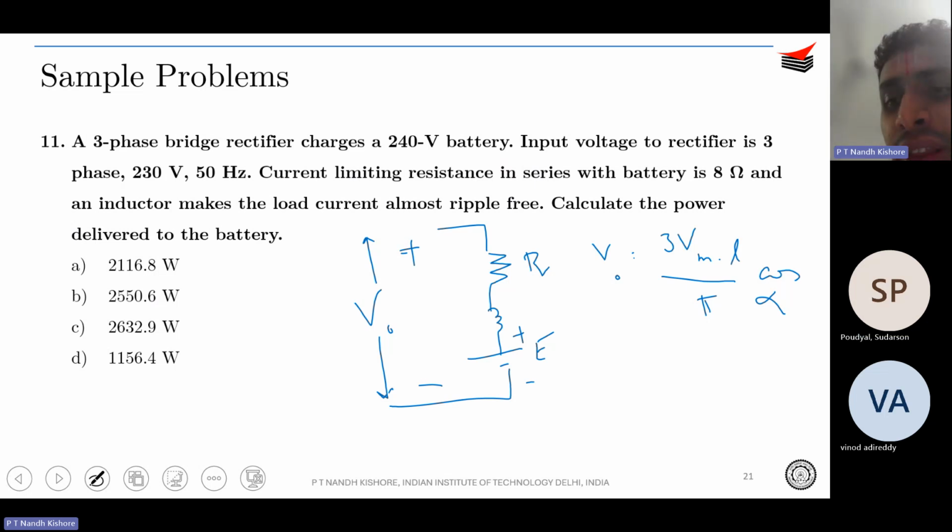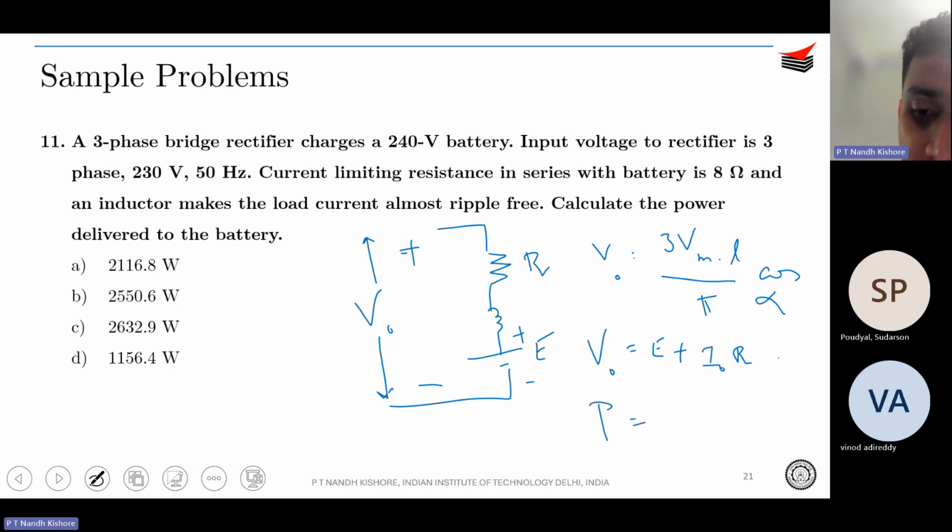And VmL means the maximum of the line to line voltage. So 3 into 230 into root 3 into root 2 by pi. That's your V naught. Then by KVL, V naught is E plus I naught into R. So you can compute I naught from over here.